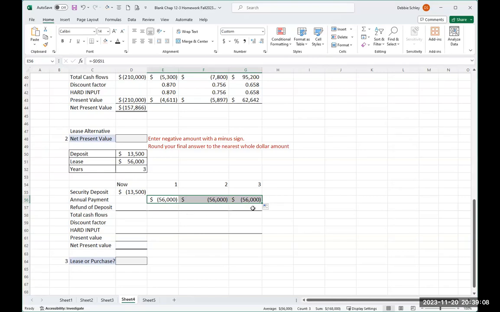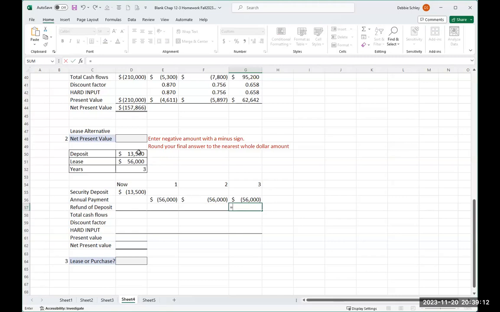My refund of my deposit at the end of year 3, so I get my 13,500 back, and then I can sum these. Equals sum of these.